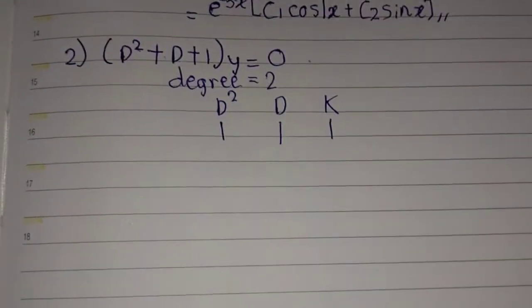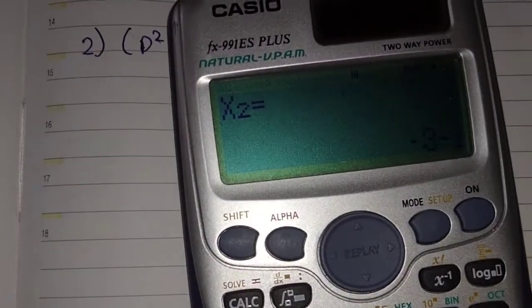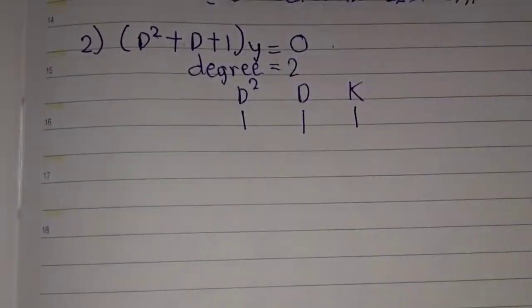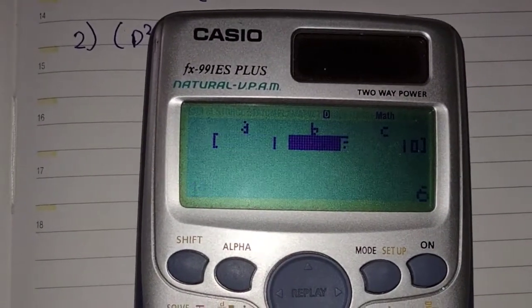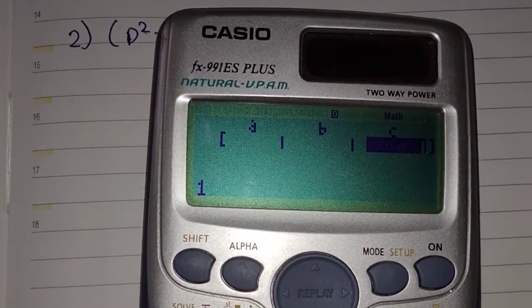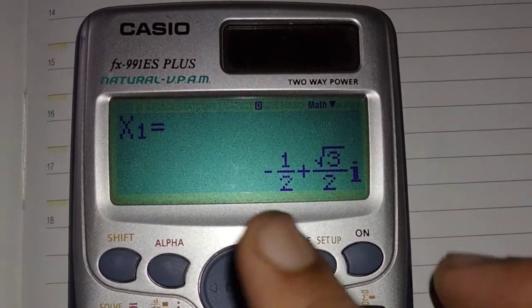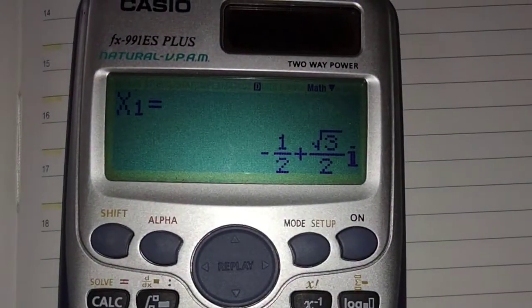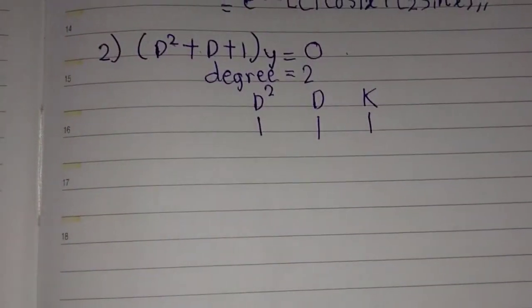Putting the same values in the calci, we will get 1, 1, 1. It is minus 1 by 2 plus root 3 by 2i and minus 1 by 2 minus root 3 by 2i.